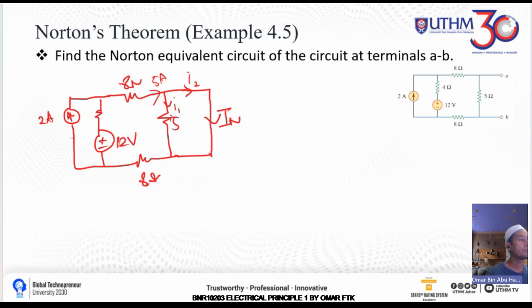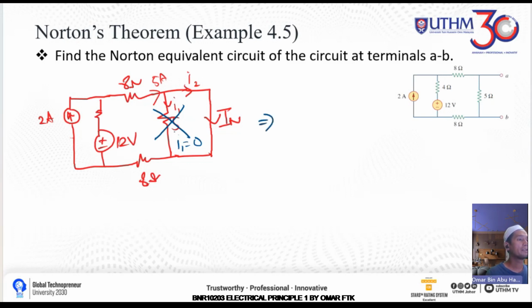This one is a short circuit, and this one has a resistor. Automatically, all the current will go to I2 instead of I1. So I1 is zero because the current will not pass through here. When the current is zero, I1 equals zero, then the Vo is also zero. So we can remove this.